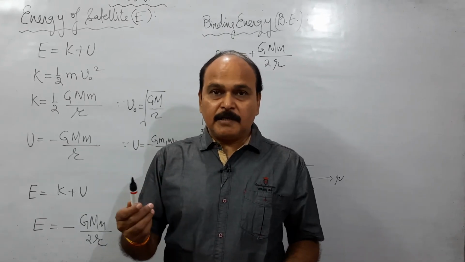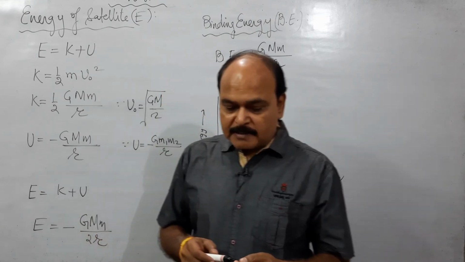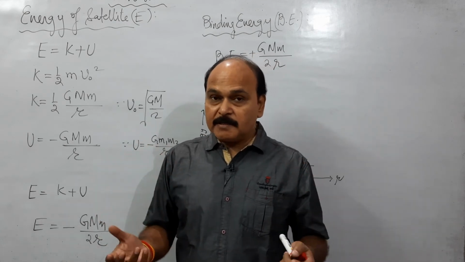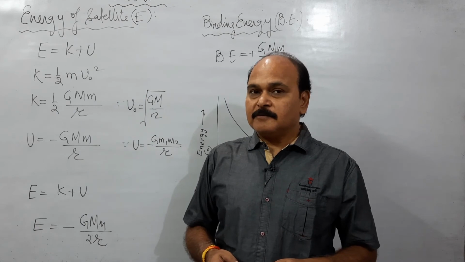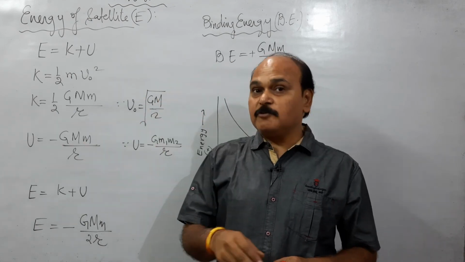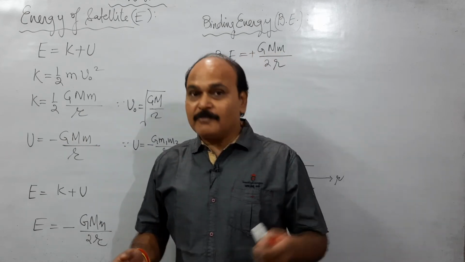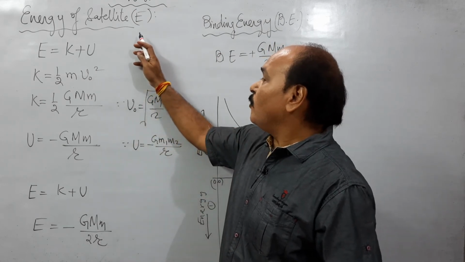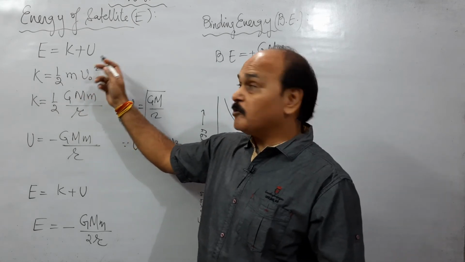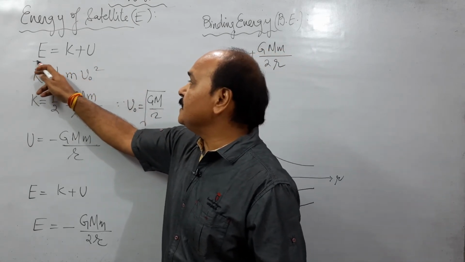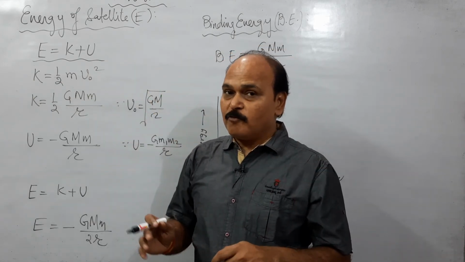Children, let us know finally what is the energy of satellite. You already know that satellite is an object which moves in the gravitational field of the planet. The motion of satellite takes place in conservative force field. So what is energy of satellite? Energy of satellite is always sum total of the kinetic energy K of the satellite and potential energy U. The total energy E is sum total of kinetic energy K and potential energy U. What is kinetic energy?